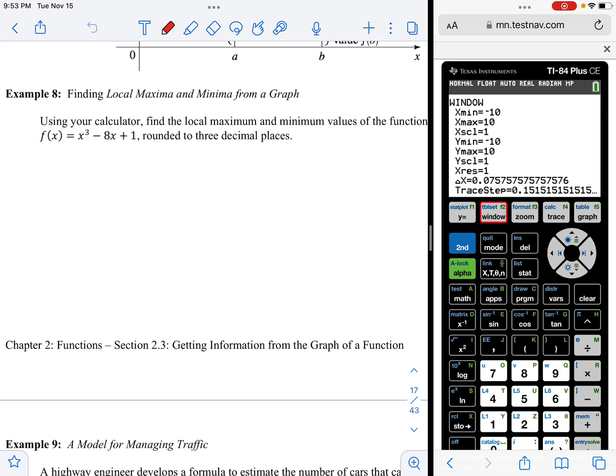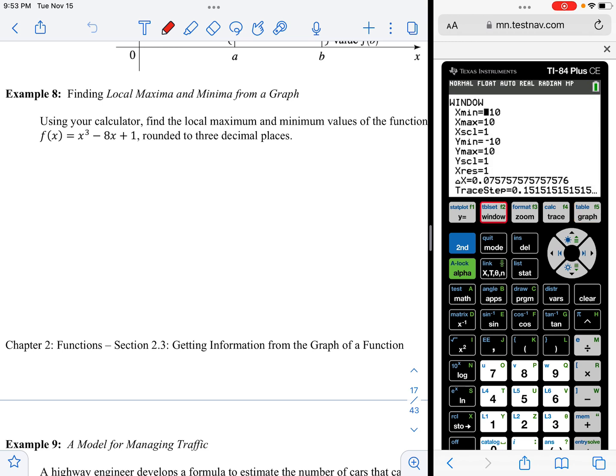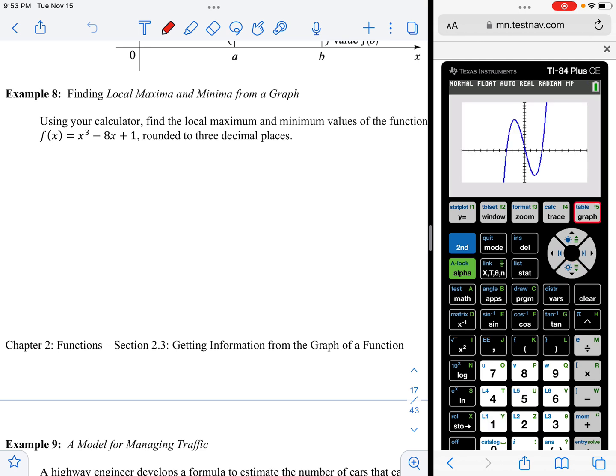So the standard window would be x from -10 to 10, and then y from -10 to 10. Let's see what that looks like. This one's pretty good. If you wanted to, you could make the y values a little larger to see the maximum more clearly. So if you wanted to change your y max to maybe 15, that might be easier to see, but that's totally up to you.